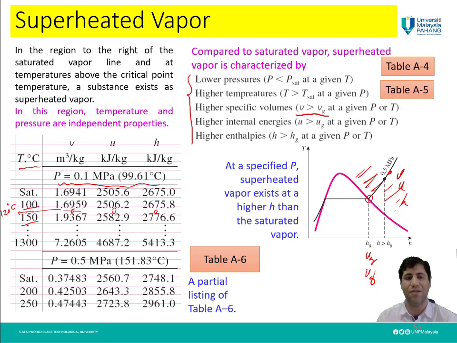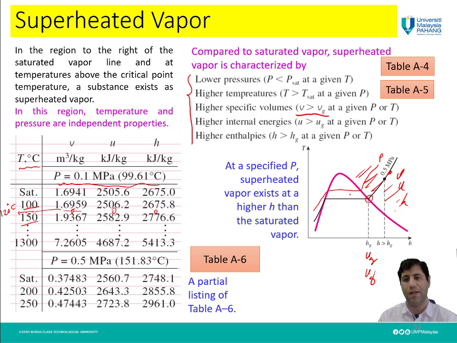Why? Because it is assumed that, if you remember the figure which we had for different temperature, and how this is for pressure, for example. Imagine we have different pressures.